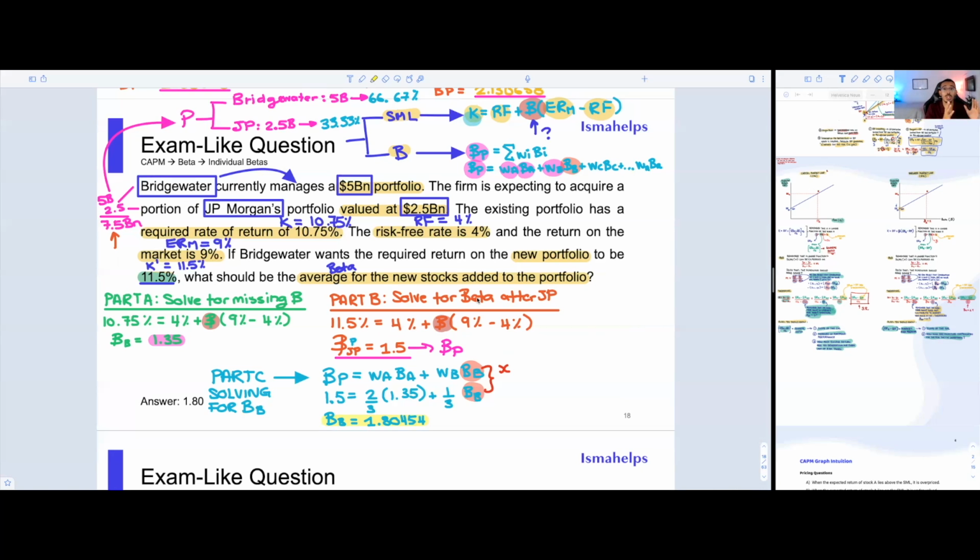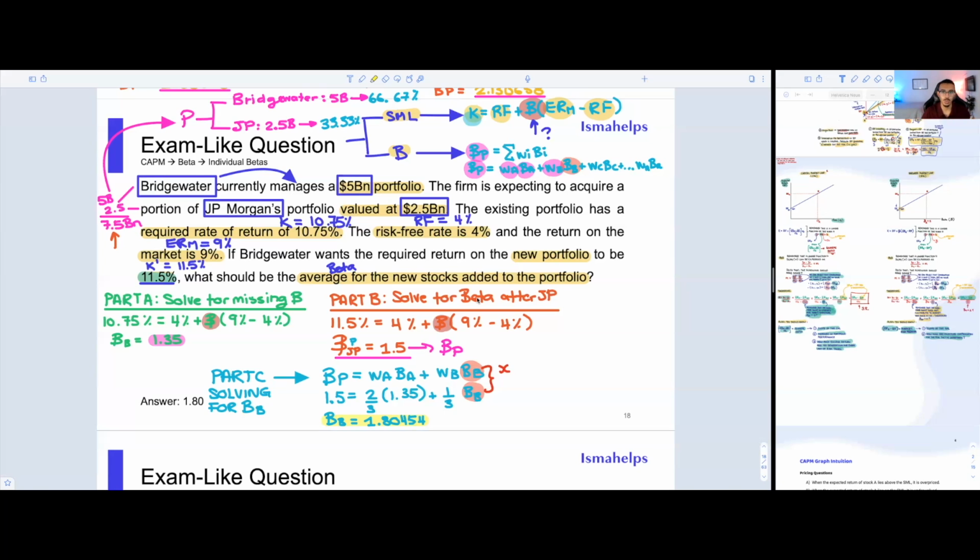One would be Bridgewater's fund, and then the second one would be JPMorgan's fund, such that our total fund would be essentially a sum of parts of those two, such that we would have essentially the weight of Bridgewater and the weight of JPMorgan. We could even make that easier for us. We would have the weight of asset A and the weight of asset B. We noticed that it was 66% for Bridgewater and 33% for JPMorgan.